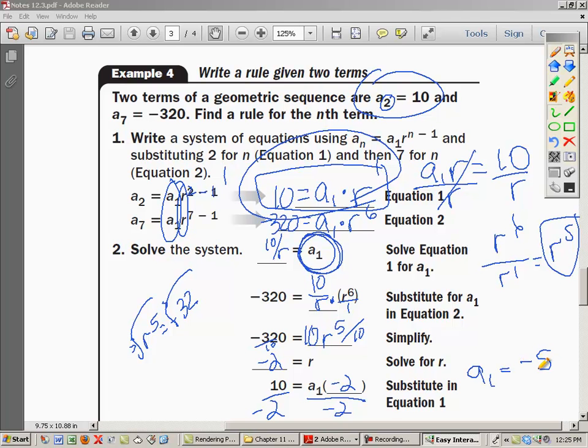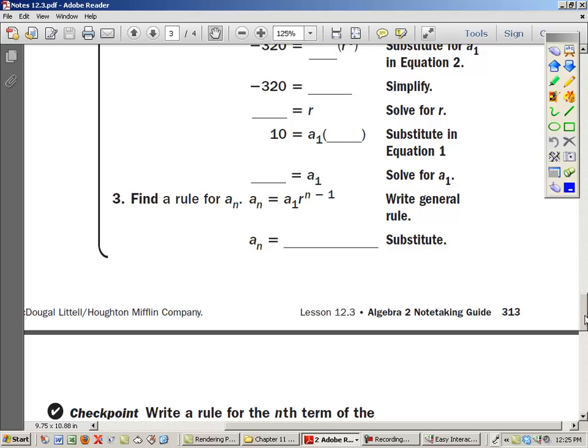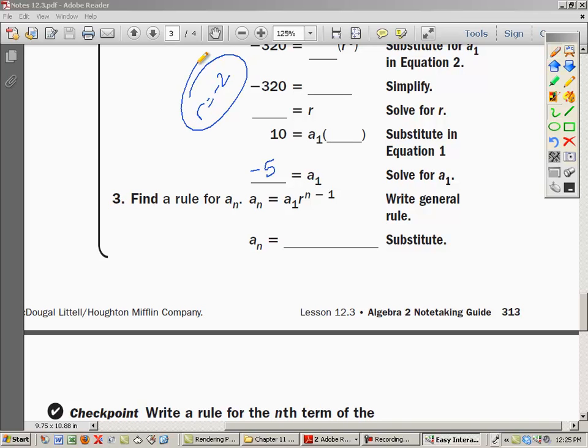All right? Now that I know that a sub 1 is equal to negative 5, I can write my equation. So this was negative 5. And up here, r was equal to negative 2, I think was what we came up with. All right, so it's initial value, a sub 1, times r, my common ratio, which is negative 2, raised to the n minus 1 power. So there's my rule.